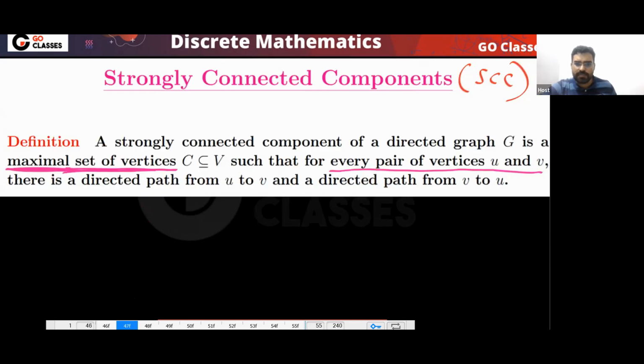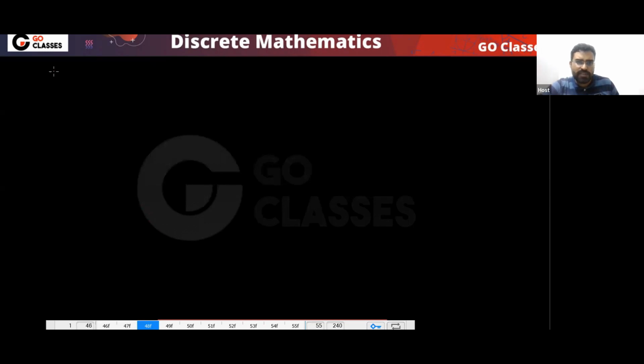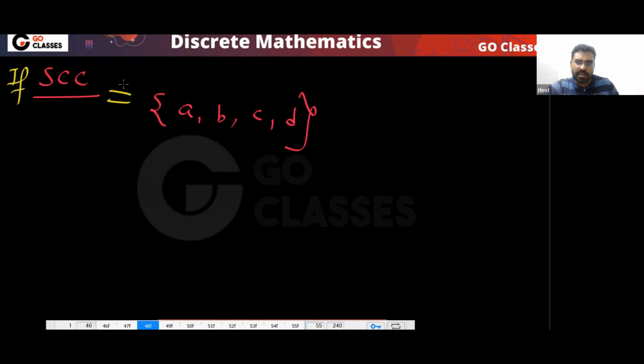Very simple definition. So you can notice, if I say this is an SCC, A, B, C, D, for example, what does it mean?